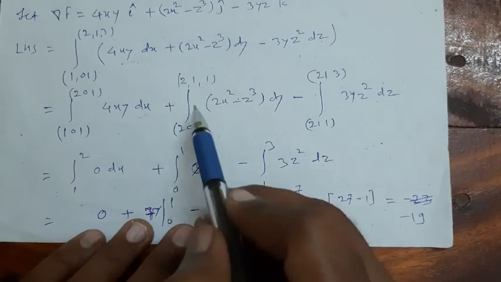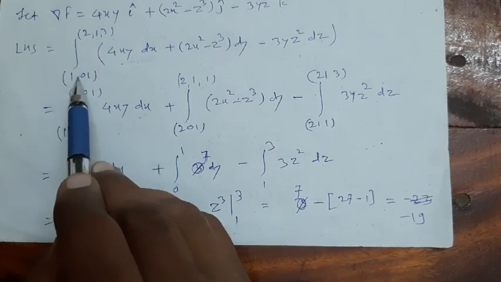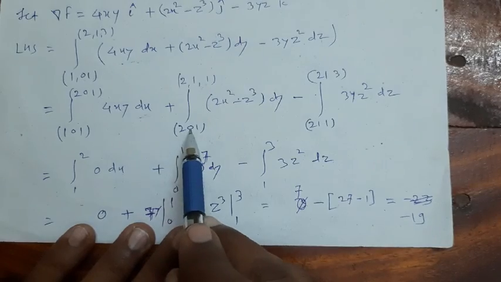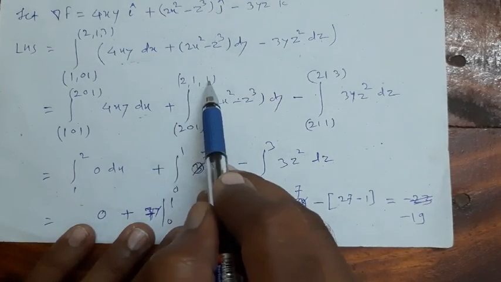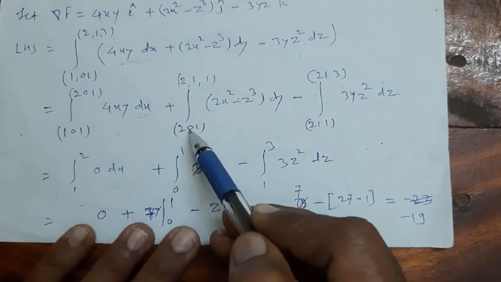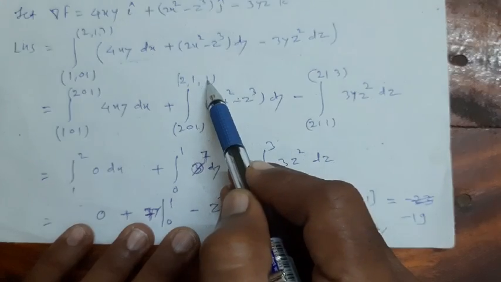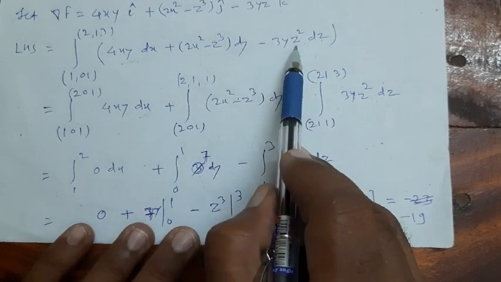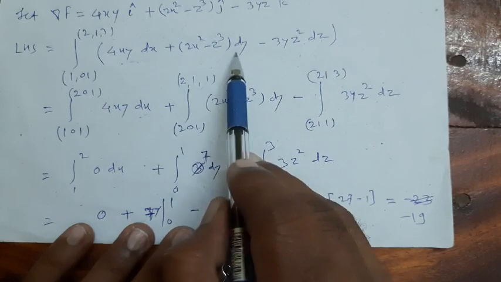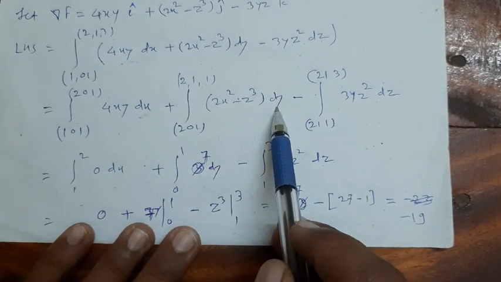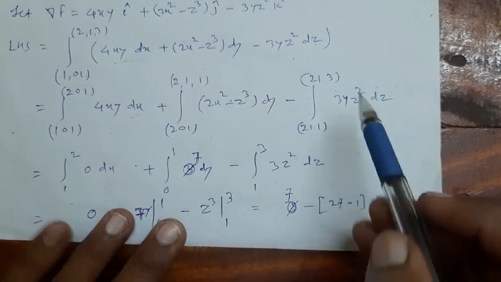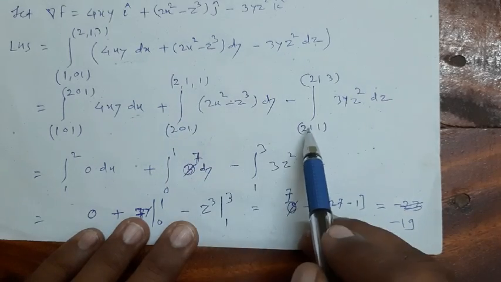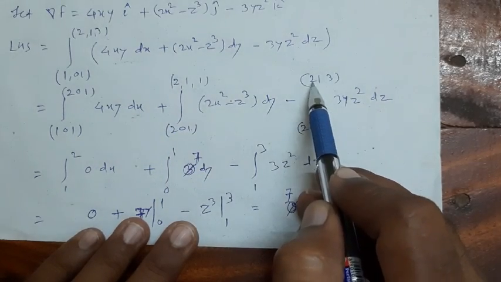For the middle term, I have considered from 2 0 1 to 2 1 1. That means now x remains constant, there is change in y, z remains constant, and therefore no need to integrate the first and third term, only the middle term where there is dy. And then I have integrated from 2 1 1 to 2 1 3.